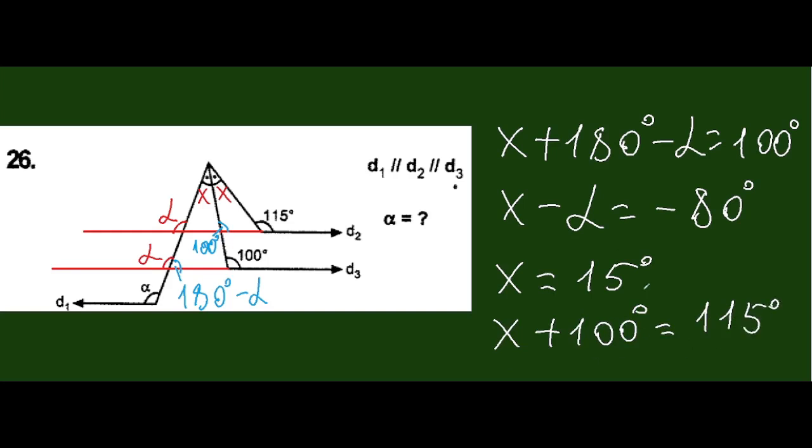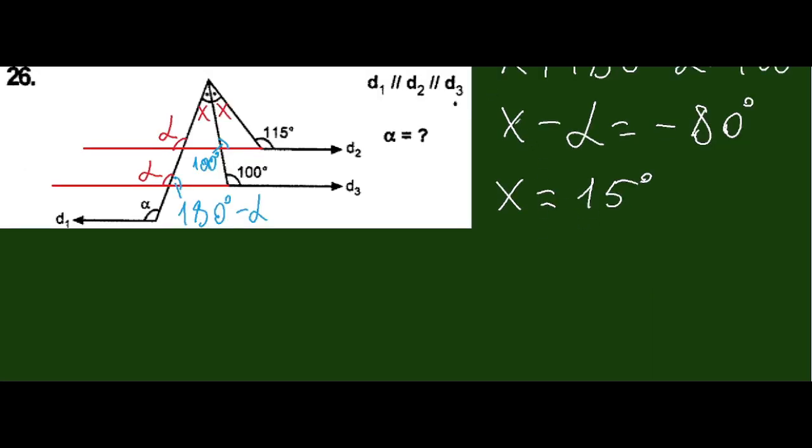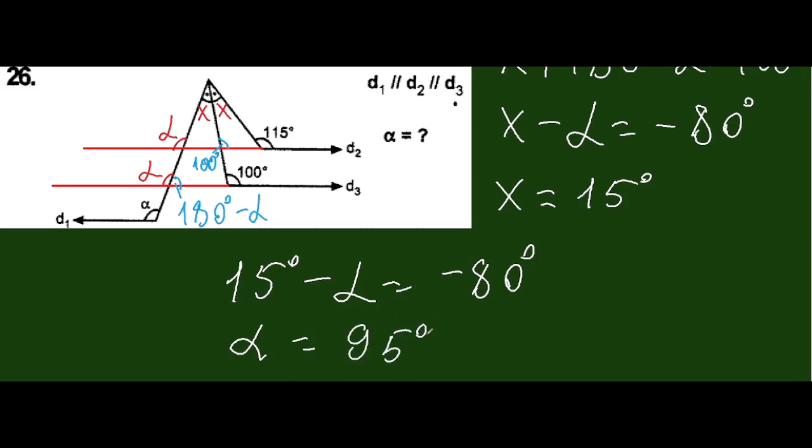So from here, x will be 15 degrees. Next, it's easy. We plug in x as 15 degrees and we get 15 minus alpha equals minus 80 degrees. So alpha will equal 95 degrees.